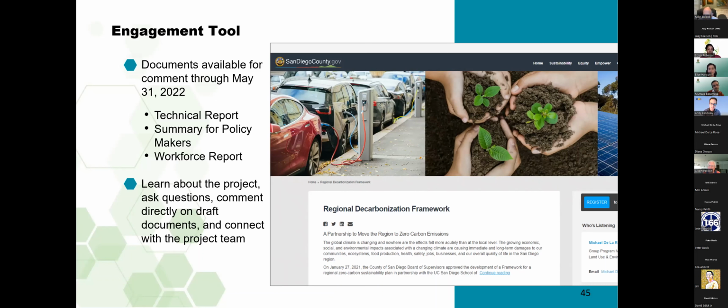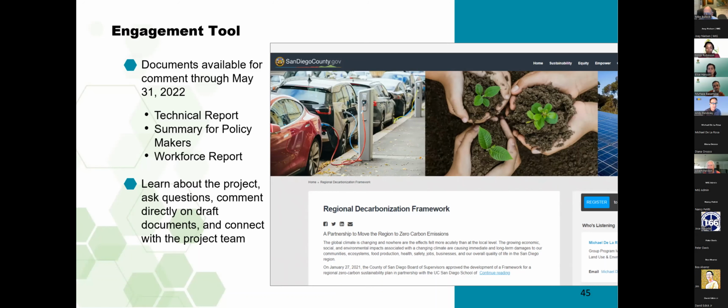So again, this doesn't end public involvement in the whole process, just on the technical report. Please do weigh in if you haven't already. Take time to pore over the report and provide your comments. You're also welcome to ask questions offline as well. It doesn't only have to be in this meeting tonight, about anything you'd like to clarify about what you see in the report. And the team is happy to engage with you outside of these meetings as well.